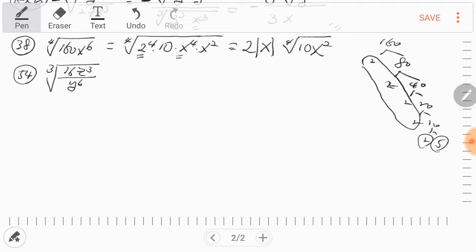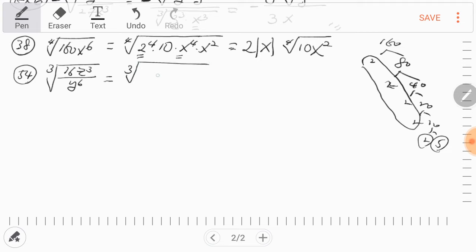All right, next one. The index is 3, an odd index. So we don't have to put the absolute values once we take some factor out. So cube root of, let's separate the numerator and the denominator.